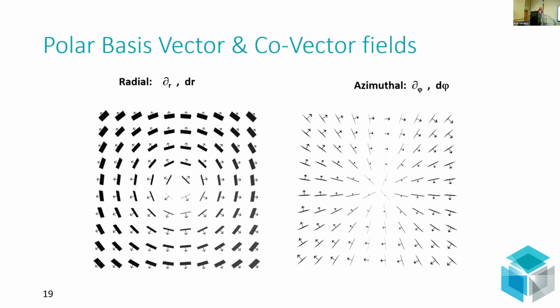We can also play with polar basis vectors, like the radial vector is all radial outgoing vectors. This would be the dr vector field, and the dr, the covector field, is the little planes which are always orthogonally oriented here. You can also do it with the azimuthal vector field, which goes around the phi direction. We have the directions and little planes which are orthogonal to it, like a d phi, the covector basis field.